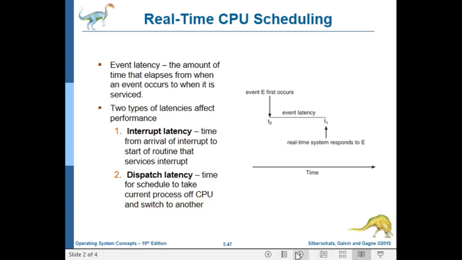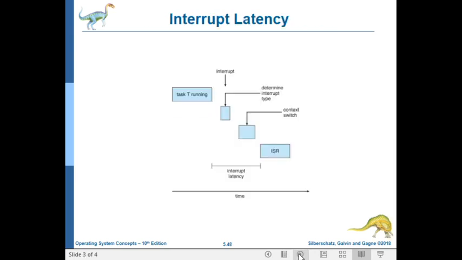Okay, we look at the interrupt latency first. For example, we look at this figure. Interrupt latency arises when an interrupt occurs: the OS must first complete the instruction it is executing and determine the type of interrupt that occurred, for example a clock interrupt, input-output interrupt, or memory fault.